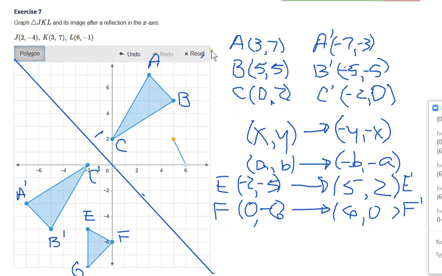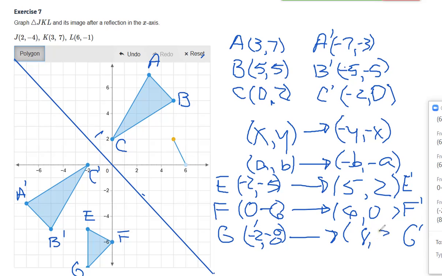And then G, what's the coordinates of G? G is -2, -8. Very good, Zuri. So what's G prime going to be? That's right, 8, 2.